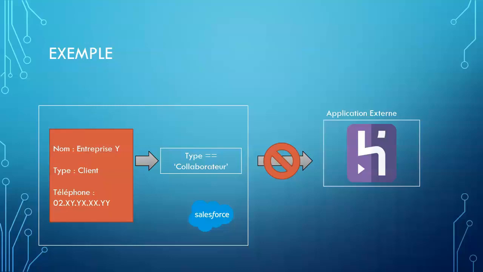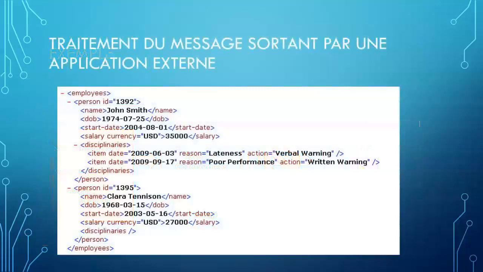Now that we have a better picture of how Salesforce handles outbound messages, let's take a look at the receiving of this message: how the external application will get the request and handle it. Outbound messages are generated in XML format. This is a quite old format which was more popular a few years ago.